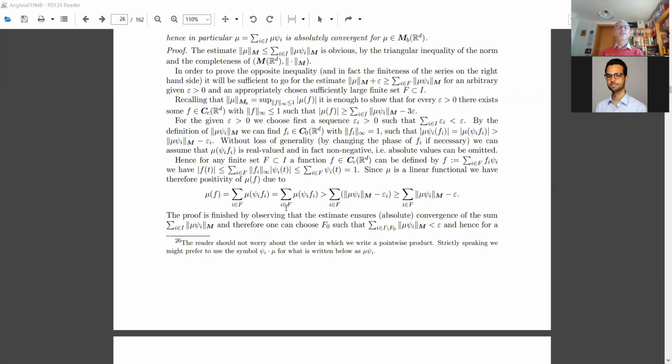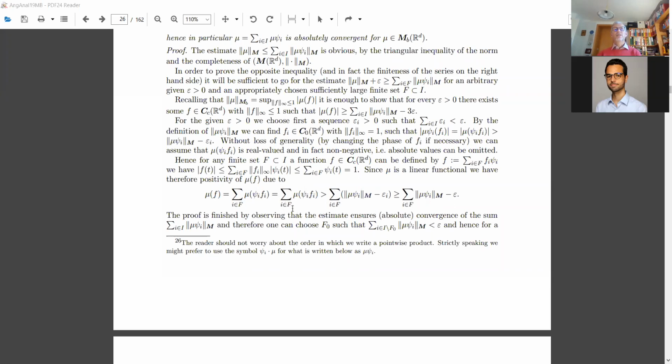Well, that's actually the same. So yeah, maybe here I should write mu psi I of fi. So I've not moved this over. But the choice, so now it's an individual consideration.